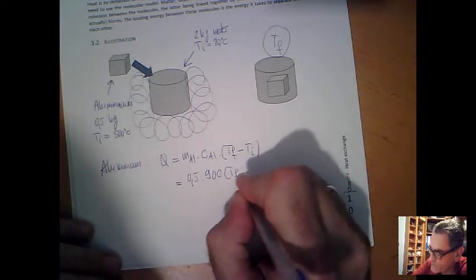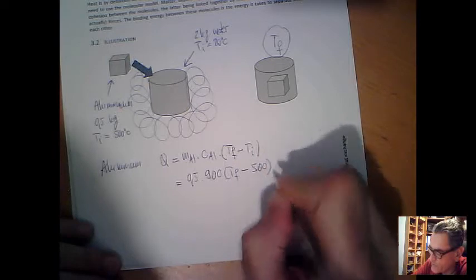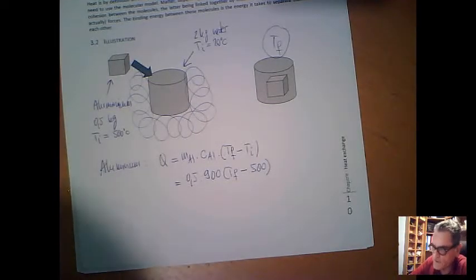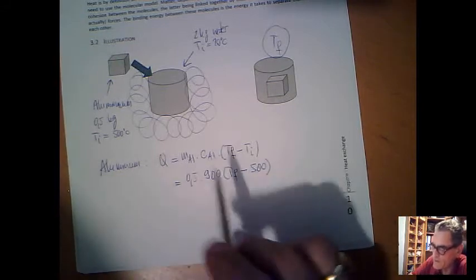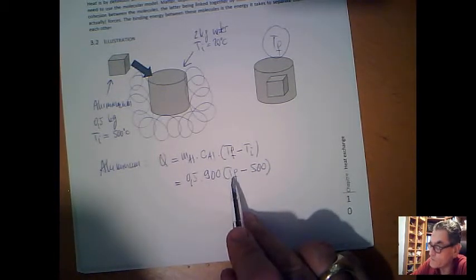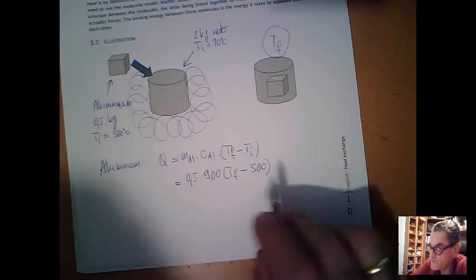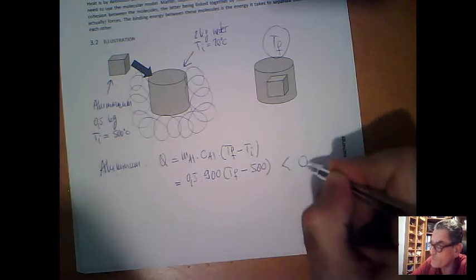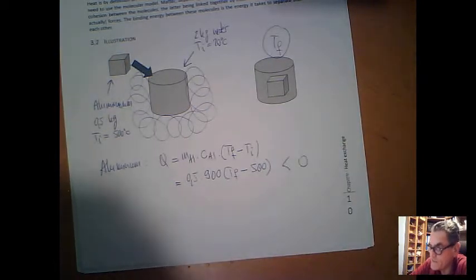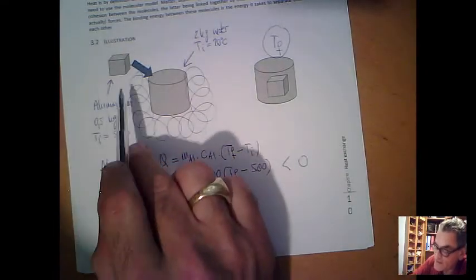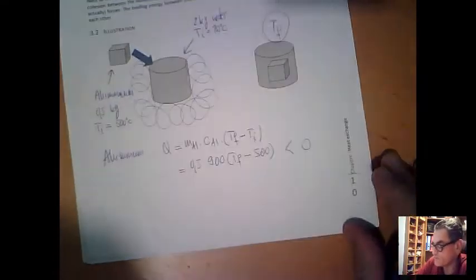The final temperature we don't know, and the initial temperature is 500. This quantity is going to be positive or negative? What do you think? Negative, yeah? Because the final temperature is going to be lower than 500. And so if the final temperature is 50, 50 minus 500 is minus 450, this quantity here will be negative. The aluminium is giving energy to the system.